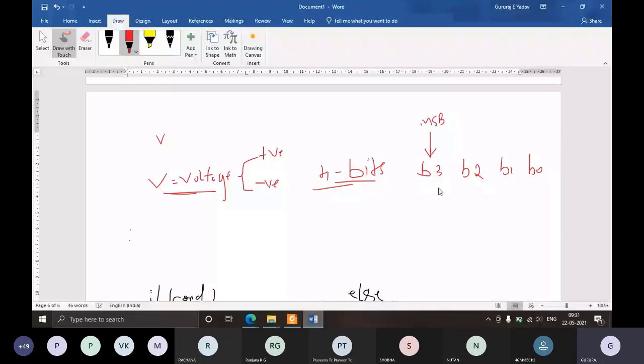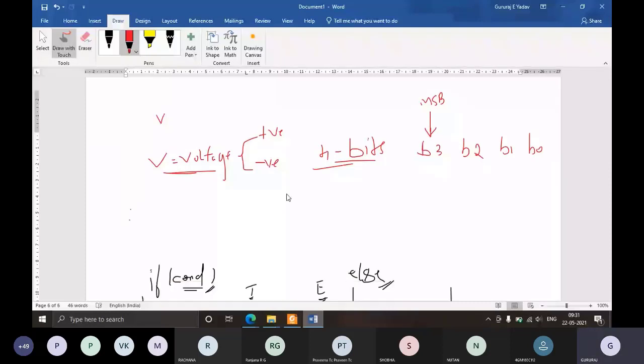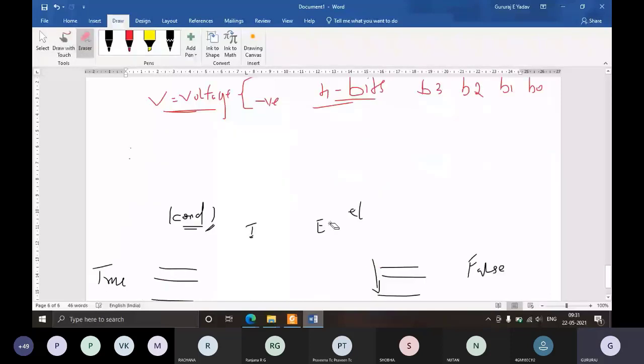So in that case, what is the range of the voltage that we can represent with 4 bits? I'm talking about signed numbers, because the voltage is positive as well as negative.